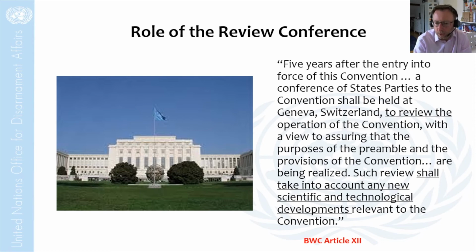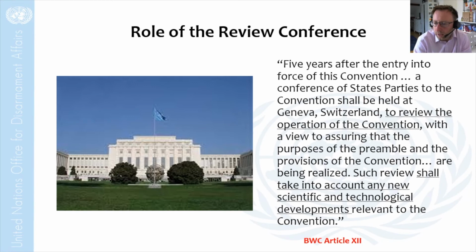So basically each review conference has had to agree that another one should take place, and more recently the review conferences have decided that they should take place on a 5-yearly basis. But again, that is not actually in the convention itself. The convention only refers to the very first review conference. And Article 12, as you can see here with the underlined text, basically sets out what the review conferences should do as well.